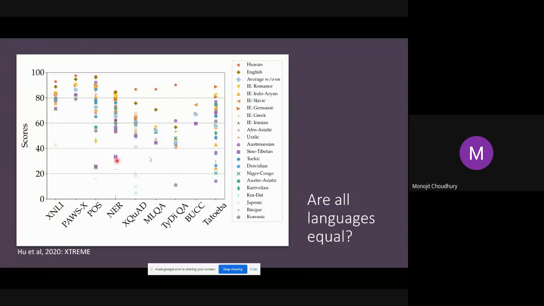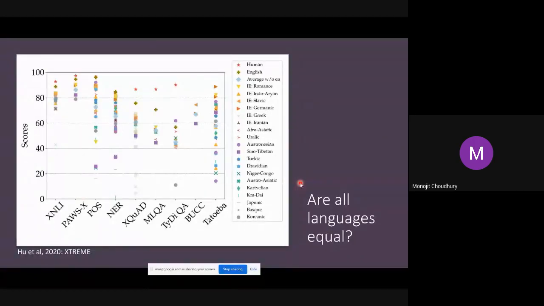So this raises a very interesting and important question. While we are jumping with joy, wow, we have now solved this resource problem and we now have zero shot learning, but does it really help all languages equally? And if it is not helping all languages equally, by using this kind of technology, aren't we discriminating against languages?